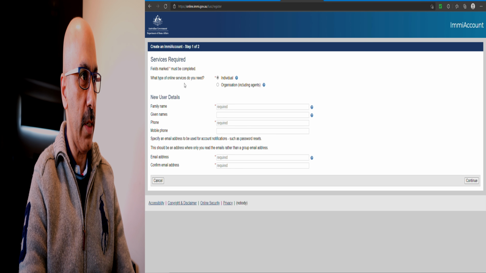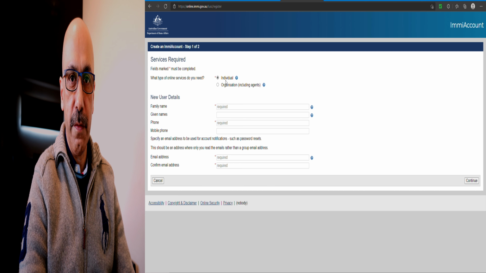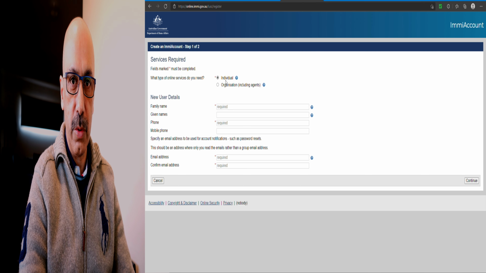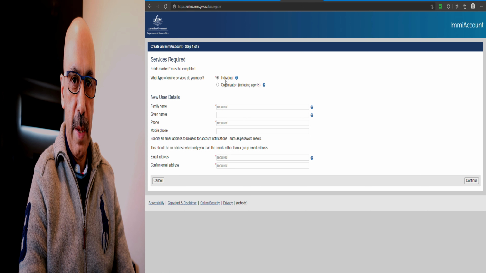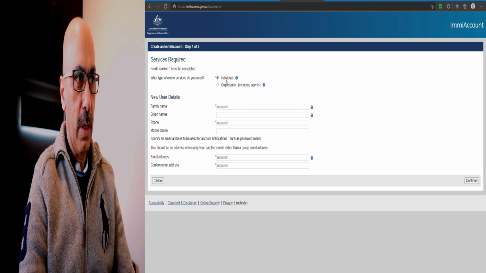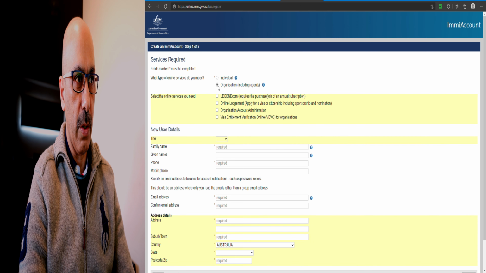What type of online services you need? Individual, organization, including agents. So if you are creating an account and you are not getting help from any immigration agent or any family members, you need to tick on this. Otherwise you need to tick on this.